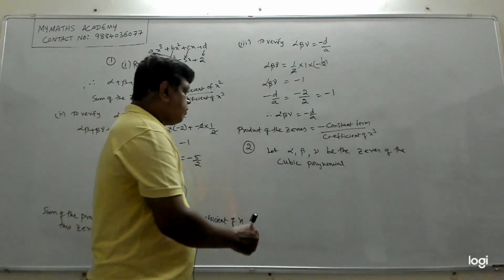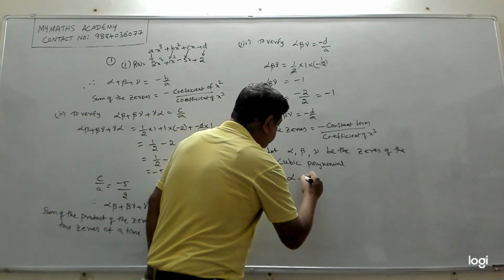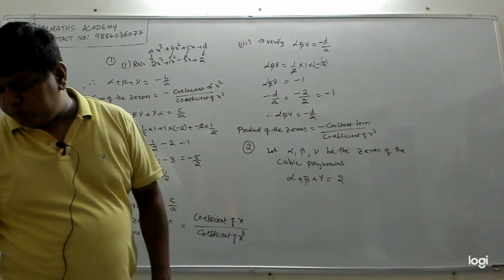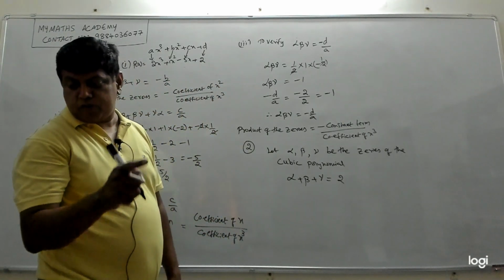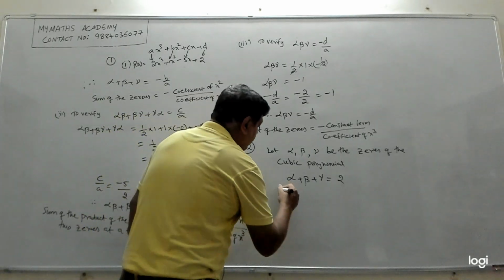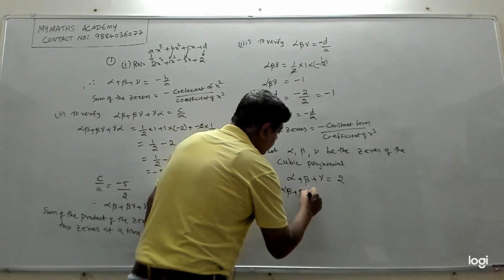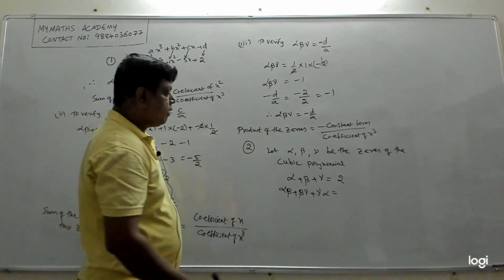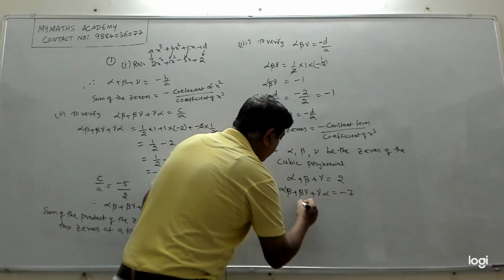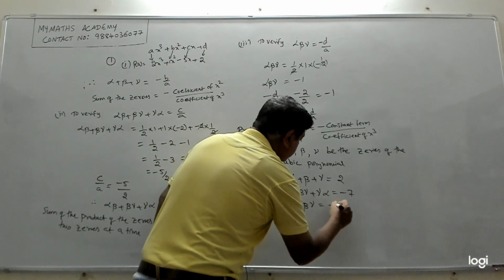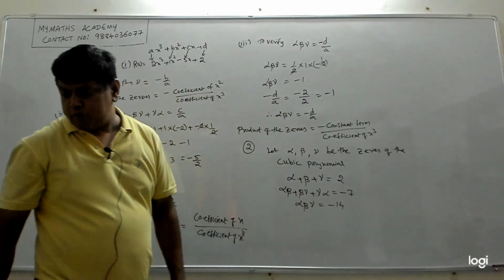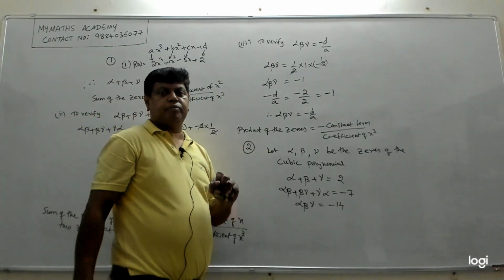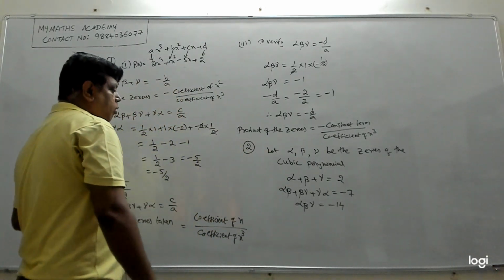So which means they have given the sum of the zeros, alpha plus beta plus gamma, as 2. Then sum of the product of the zeros taken 2 at a time, which means alpha beta plus beta gamma plus gamma alpha, equal to minus 7. Then alpha beta gamma, that is called as product of the zeros, is minus 14. Now we should find the cubic polynomial.